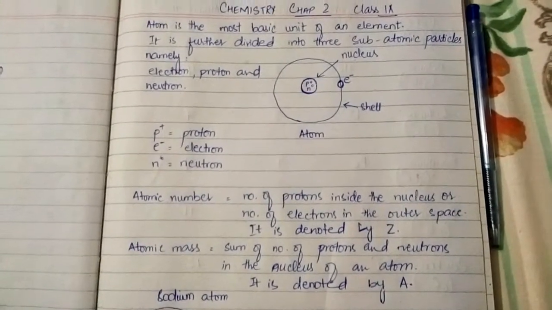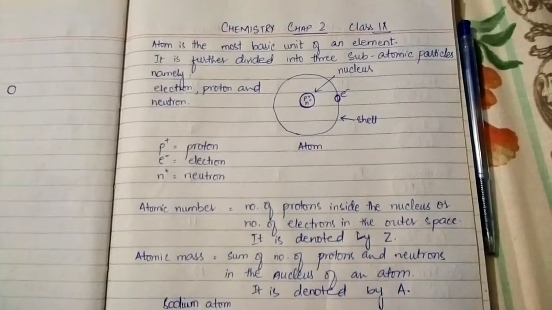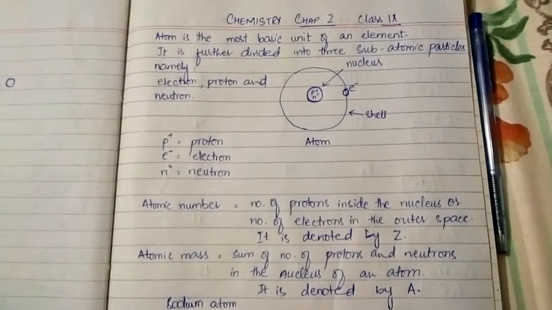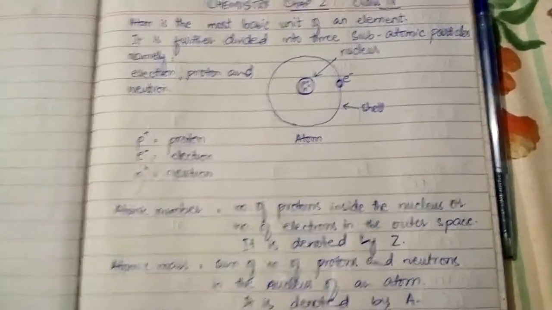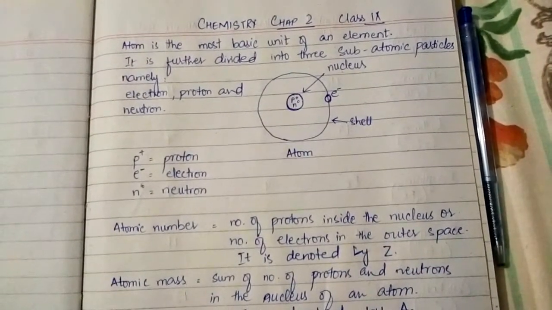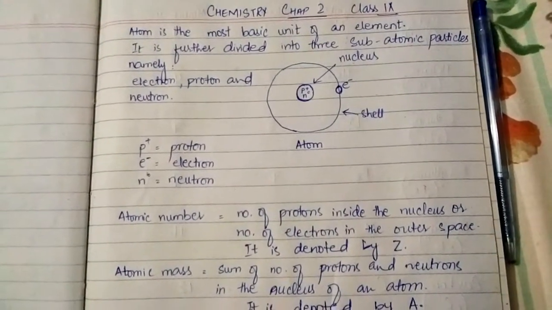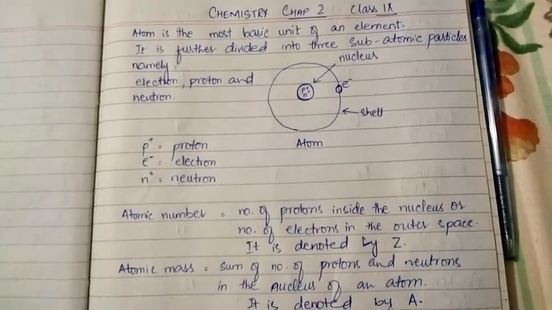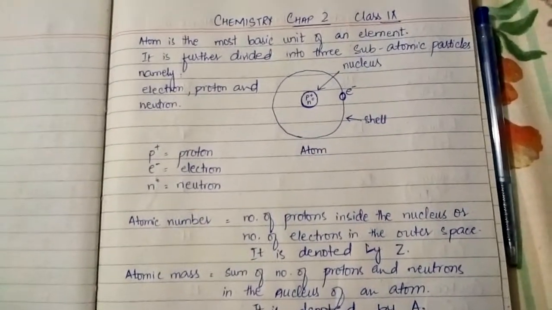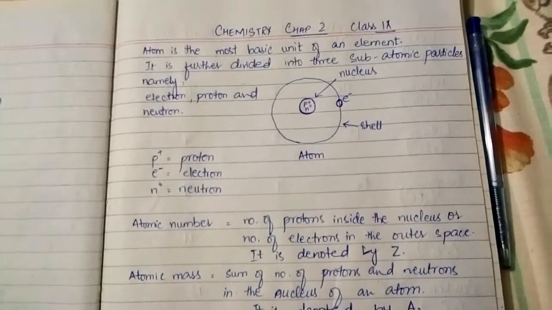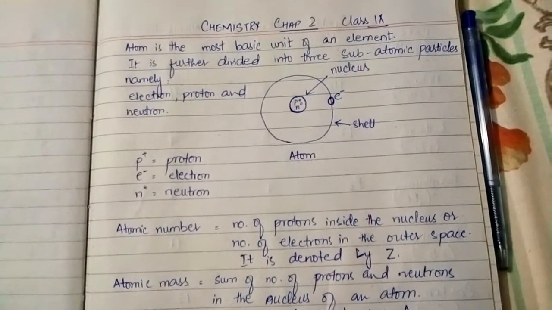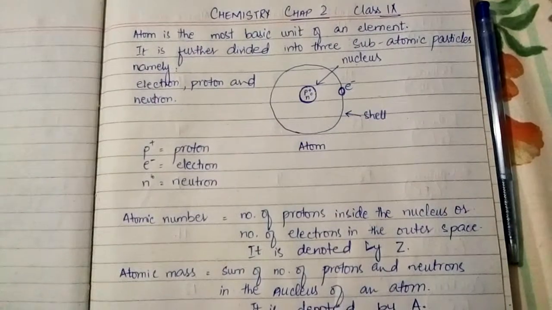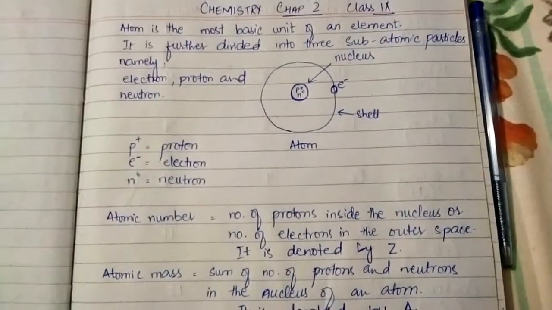Alright. For example, हाइड्रोजन में एक प्रोटॉन होता है, एक इलेक्ट्रॉन होता है और न्यूट्रॉन्स नहीं होते, ठीक है. Compare that to oxygen, जिसमें 8 प्रोटॉन्स होते हैं, 8 इलेक्ट्रॉन्स होते हैं और 8 न्यूट्रॉन्स होते हैं. So the number of electrons, protons and neutrons within the atoms of each element is what differentiates them. यही उनको एक दूसरे से मुख्तलिफ बनाता है.